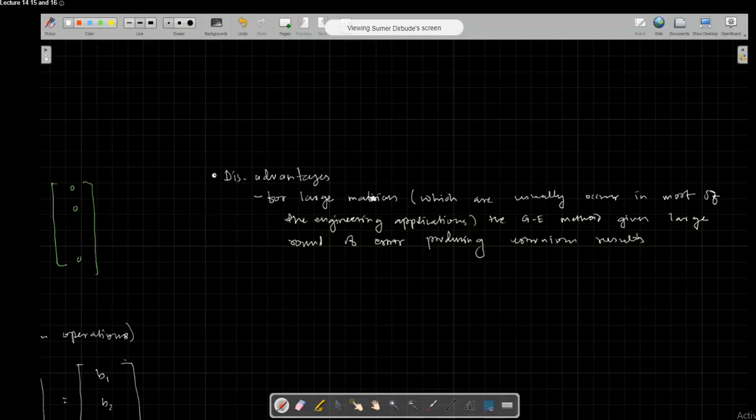So accuracy is not good for higher systems and they become cumbersome.